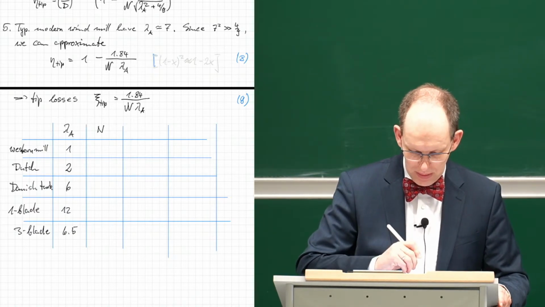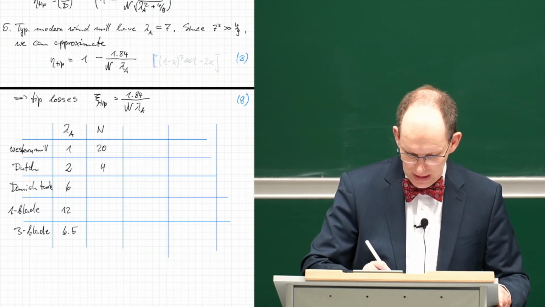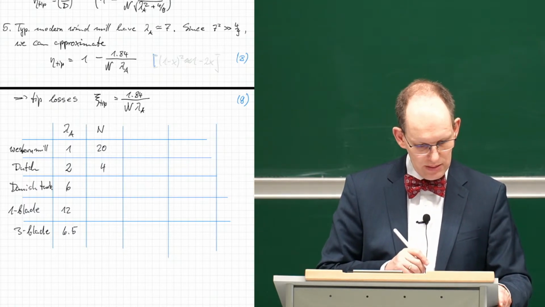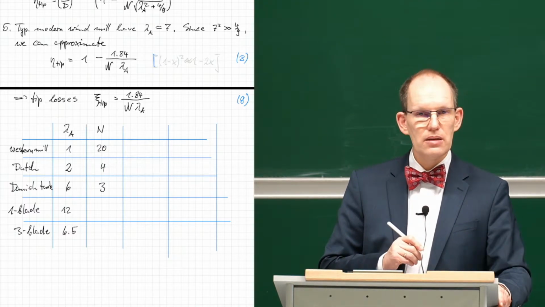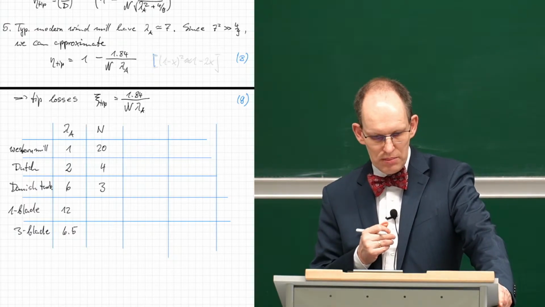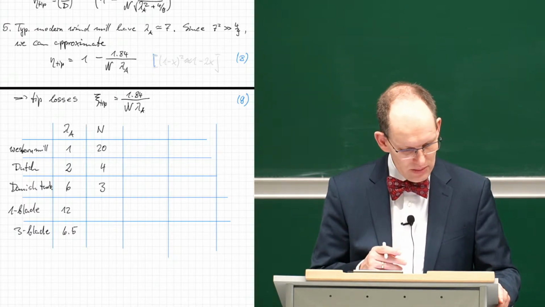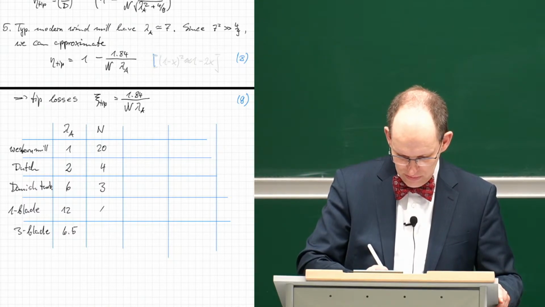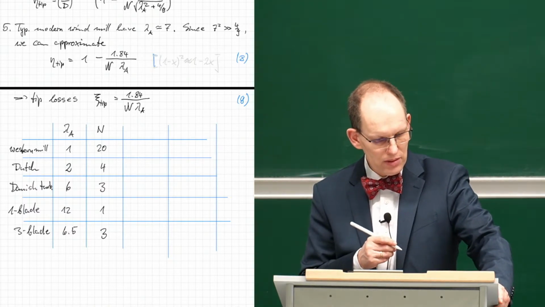The number of blades N, this would be here 20 or so. For the Dutch windmill, as everybody knows, 4. The Danish turbine was the predecessor of all modern windmills. So this is the Danish design that we use today. Of course, for a one-blade turbine, it's 1, and for 3 blades, of course, 3.